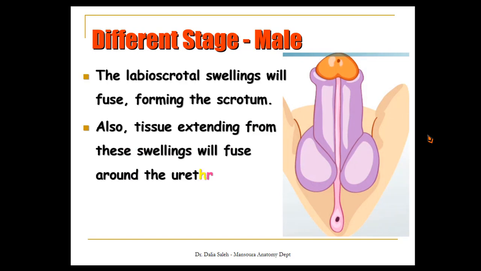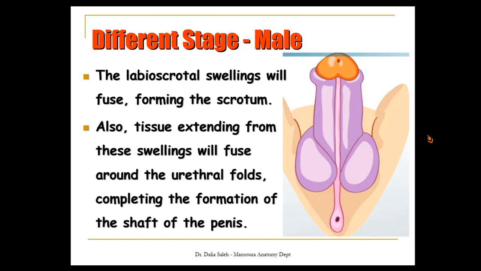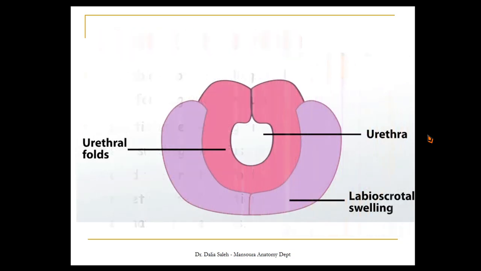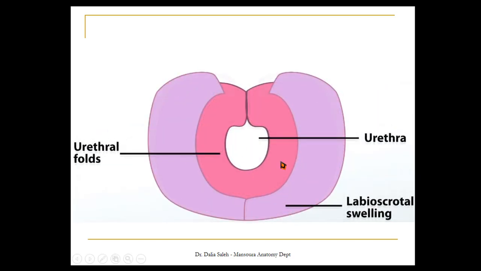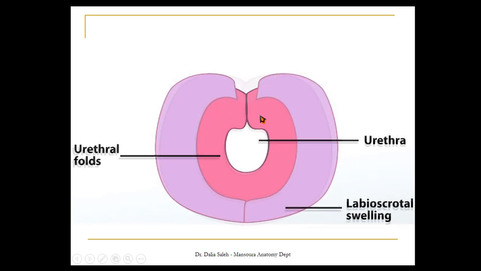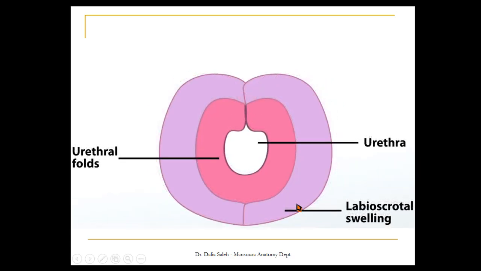Also, tissue extending from these swellings will fuse around the urethral folds, completing the formation of the shaft of the penis. Like this, you can see the penile urethra, and these are the two urethral folds, and the labioscrotal swelling will grow and wrap around the urethral folds to complete the formation of the penis.